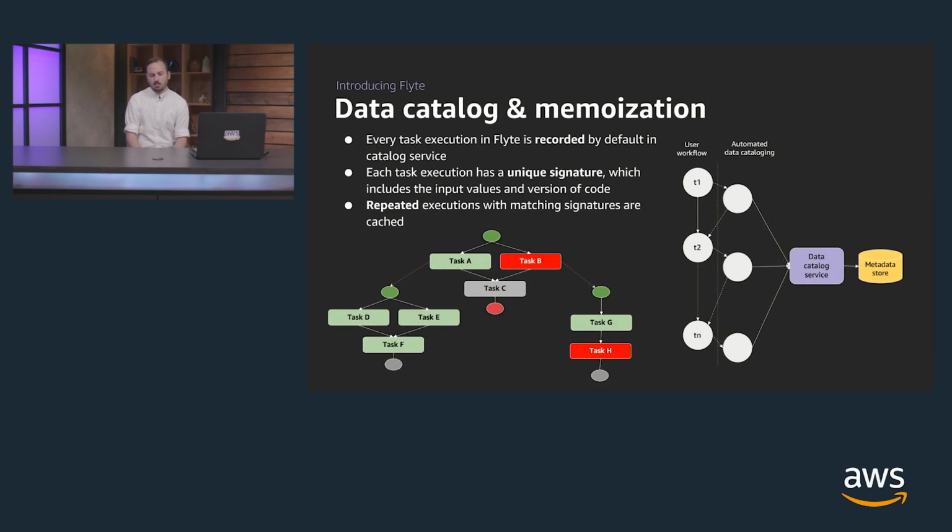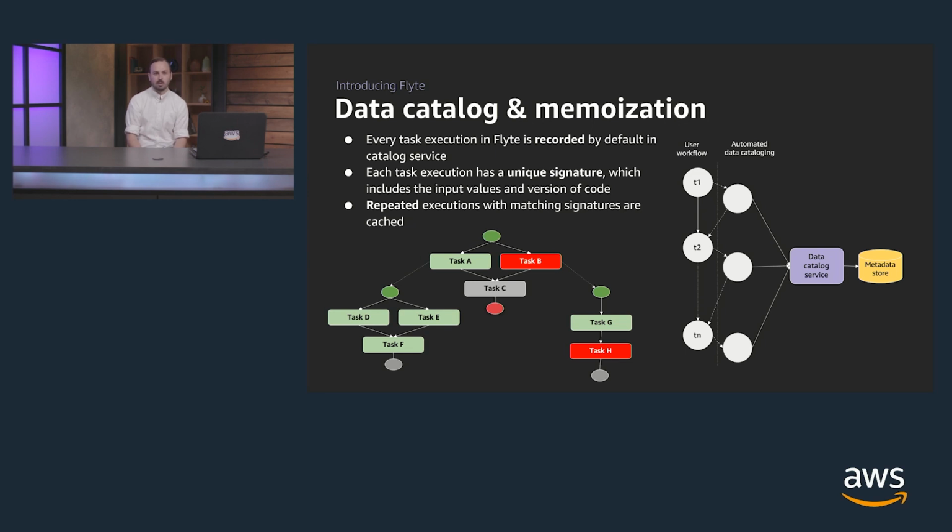In addition to the benefits we get from being input and output aware, in terms of being able to deconstruct our workflows into these atomic units called tasks, we can also take advantage of that data for other things.